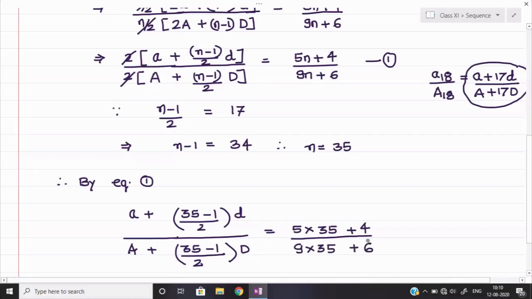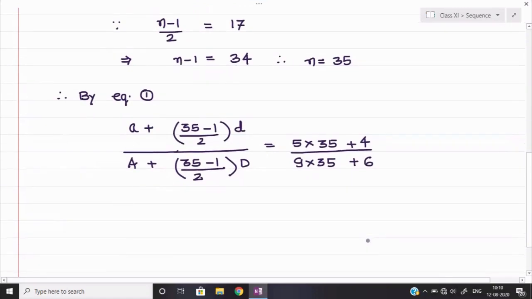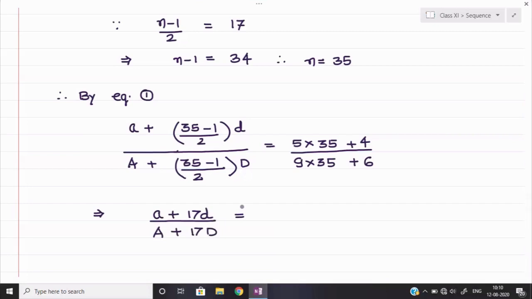Okay, let us simplify now. So 35 minus 1, how much is it? 34, and 34 upon 2 will become 17. So after solving the left hand side, it is definitely becoming (a plus 17d) upon (capital A plus 17 into capital D), is equal to 35 into 5. I think 35 into 4 will be 140, and this will be 175.